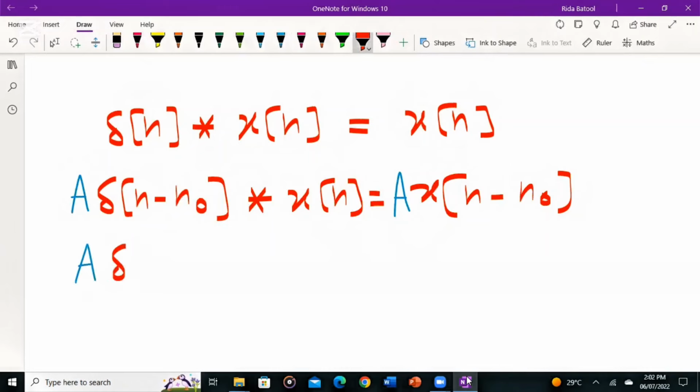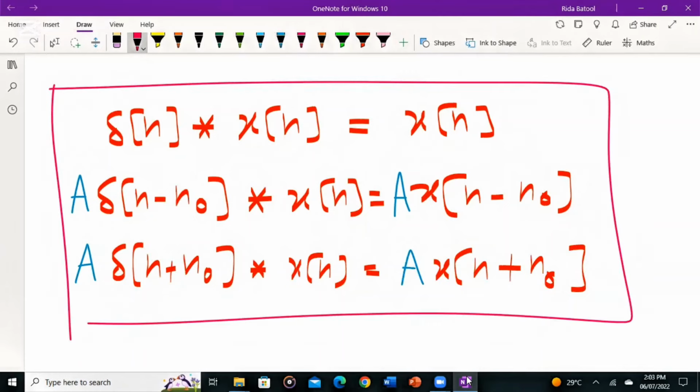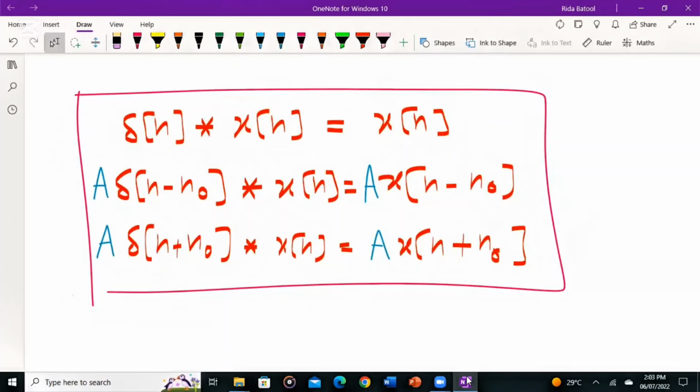Similarly, if it is advanced by n naught, then you will get n plus n naught, and that scaling factor over here as well. Okay, so keep this in your mind. You can take a screenshot of this because it is going to help you a lot for discrete time convolution.